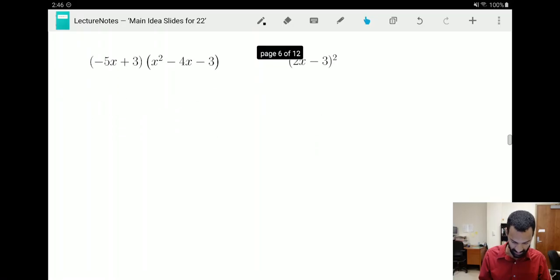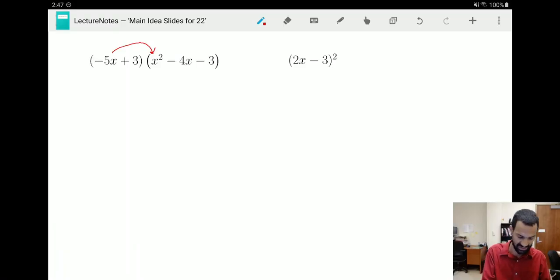Let's keep going. So I don't want to do these the long way, right? So what I'm going to do here is just multiply, distribute the negative 5x. Negative 5x times x squared is going to be negative 5x to the third power, right? Again, understood 1, so I add 1 plus 2 and get 3.